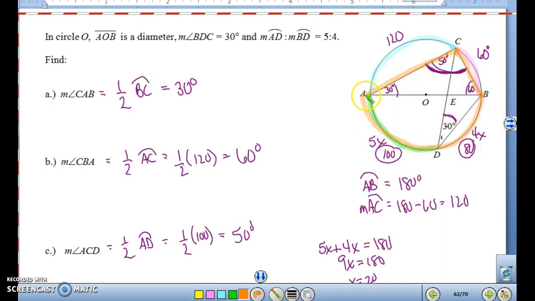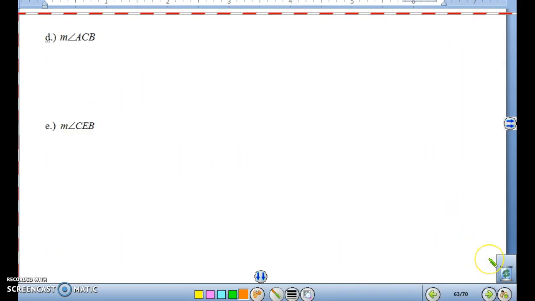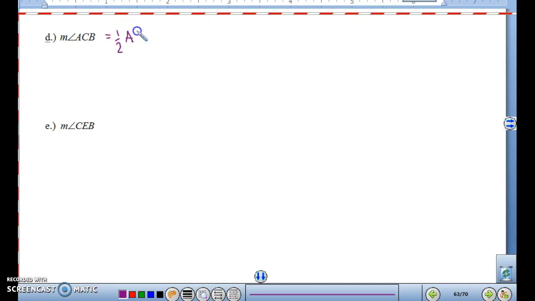So what is the measure of arc AB? Well, isn't that the semicircle? Yeah, so that'll be 180 degrees. So that's going to equal half the measure of arc ACB, and half of 180 means that's going to be 90 degrees. So an angle inscribed in a semicircle is a right angle. That's going to be 90 degrees.